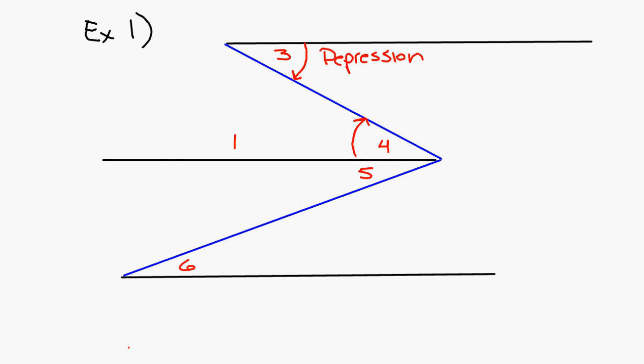Elevation. Yeah, elevation. Five is depression again. And 6 is formed by a horizontal and a line of sight looking at a point. This could be the point above the line. So another elevation.